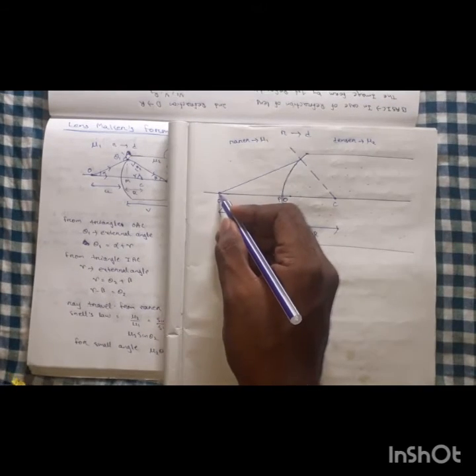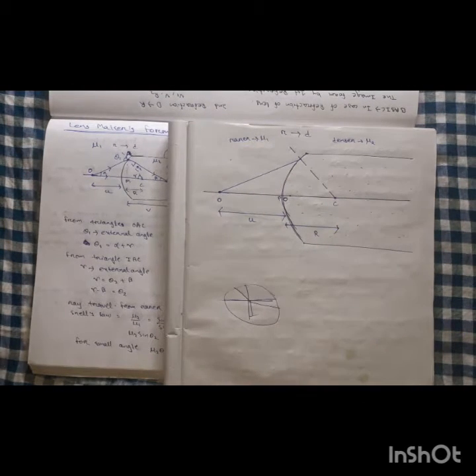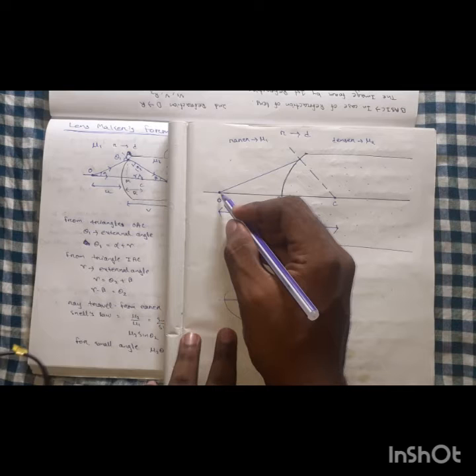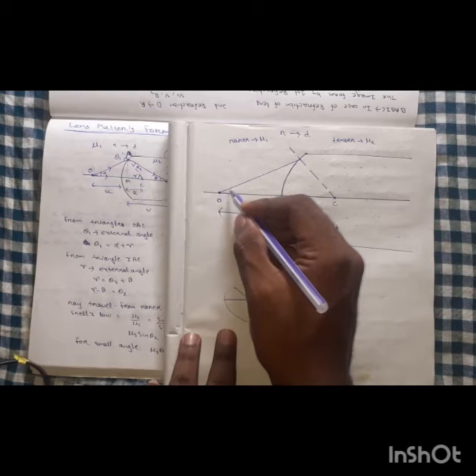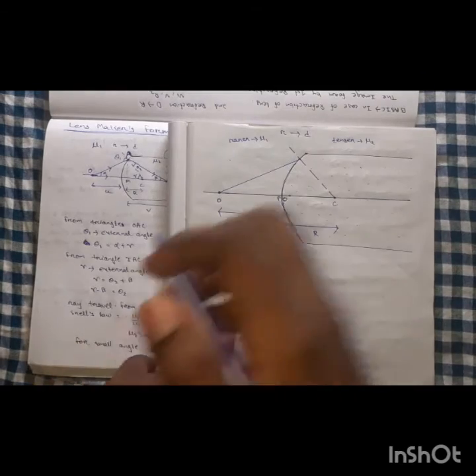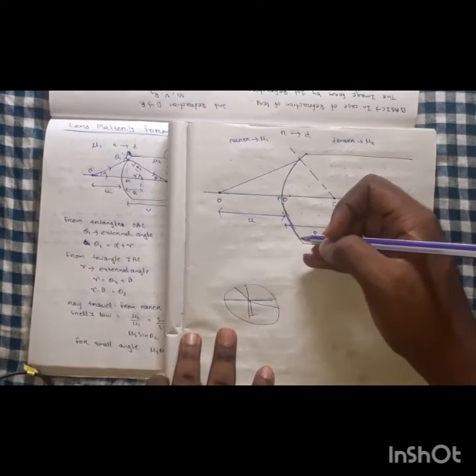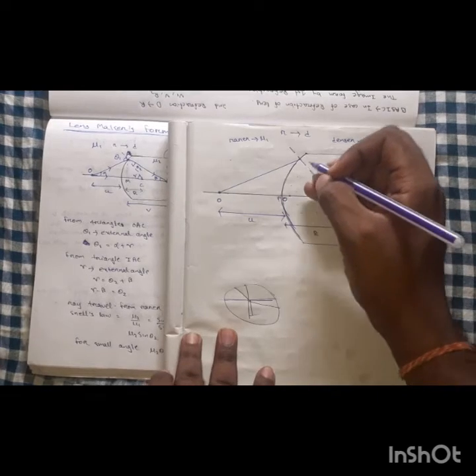Here I place an object at the point O. Then the ray from the object falls on the lens surface and meets at this point. Let this point be A.